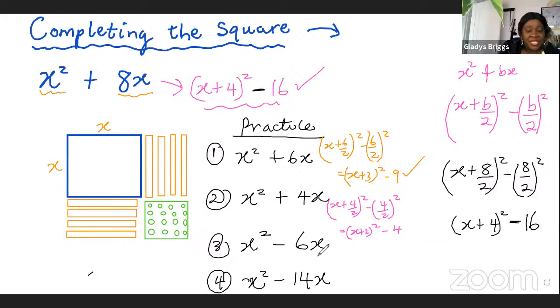Okay, question 3. x minus 6 over 2 squared minus minus 6 over 2 whole squared.